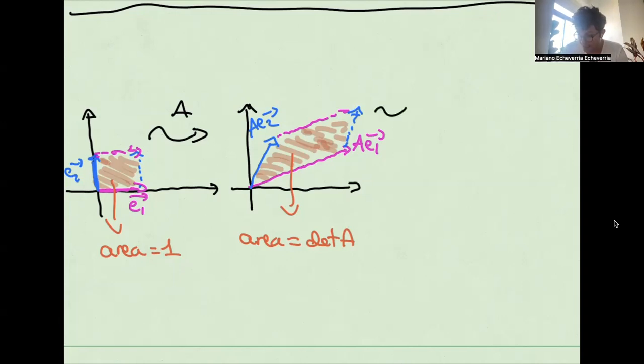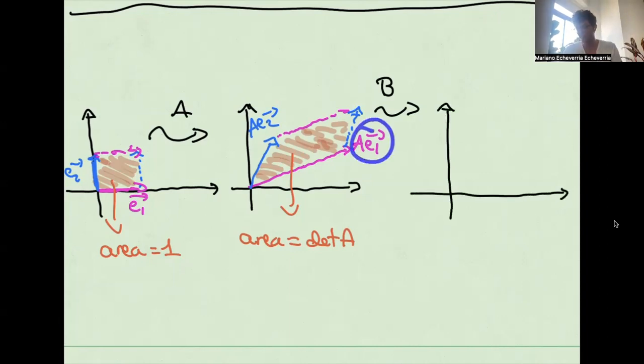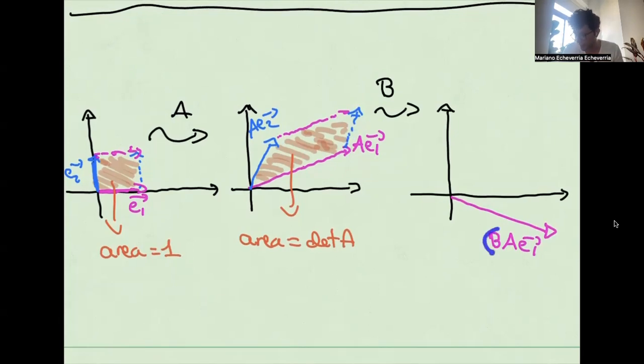You can do this again, but with the second matrix B. For example, you can multiply this vector by B. So I'm multiplying this vector by B, and that's why I end up with BA E1.